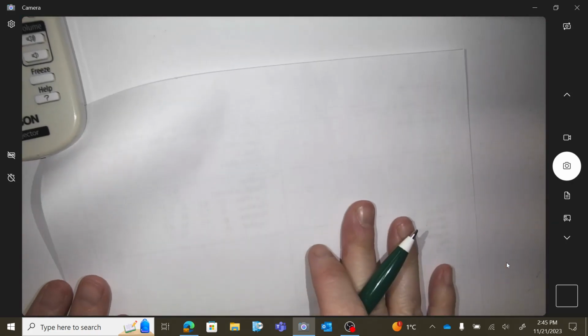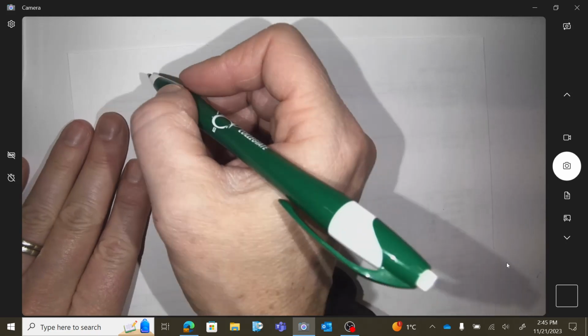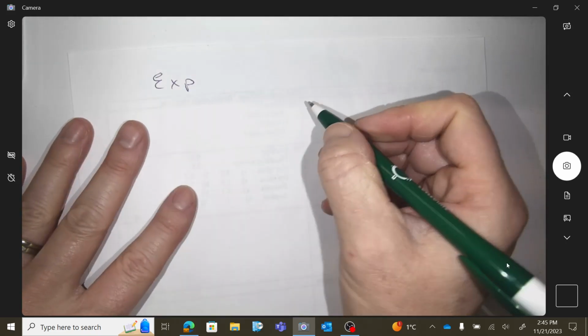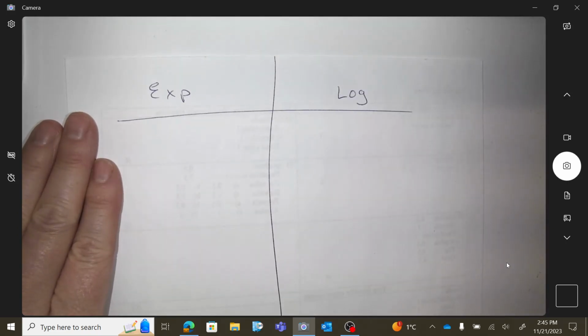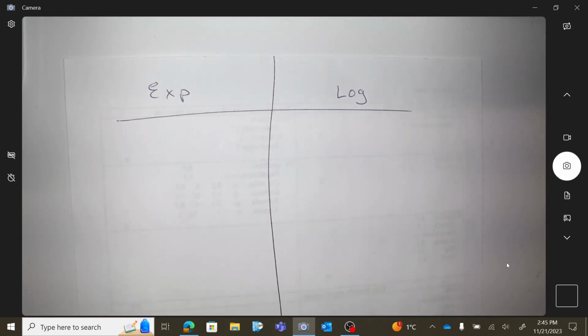Grab your answer key. You have a blank page. Okay, on the back of your answer key, let's make a recap for ourselves.